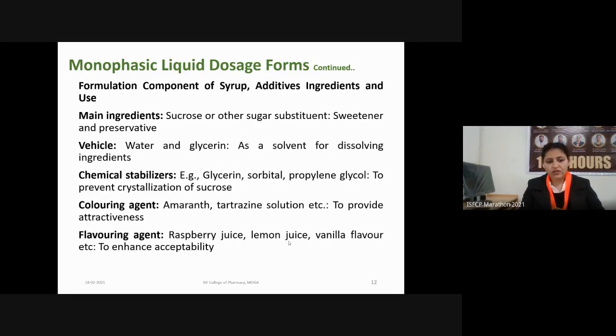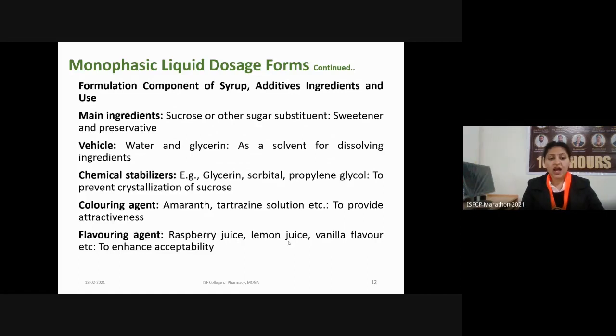To avoid that, we use chemical stabilizers. The examples of the chemical stabilizers are glycerin, sorbitol, and propylene glycol.